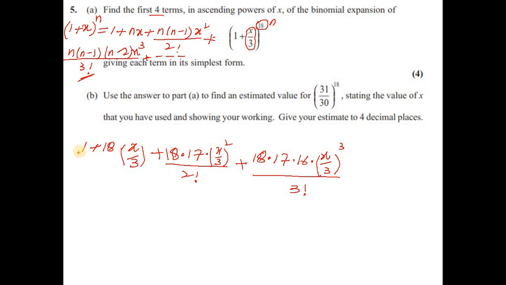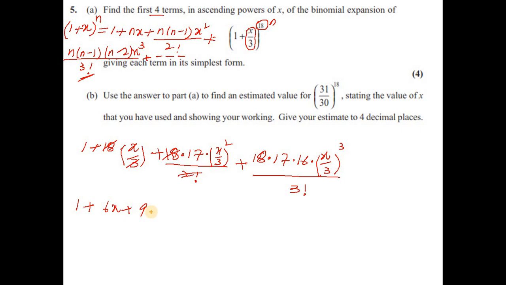So these are 4 terms. And then the next step is just to simplify, taking powers and calculating these numbers. So you can say that this 3 and 18 is gone. So 1 + 6x, plus 2 factorial is 2, and you can cancel this 2 factorial with this, and you can say that this is 9.